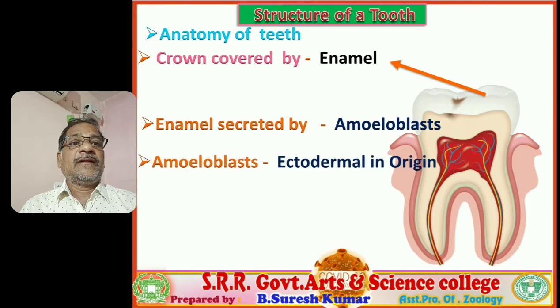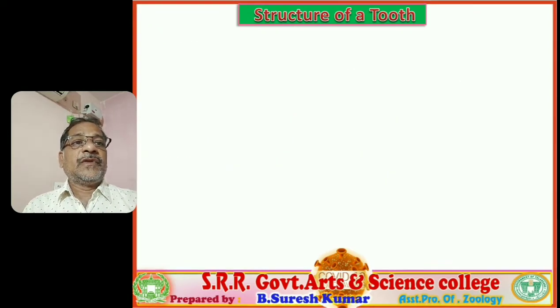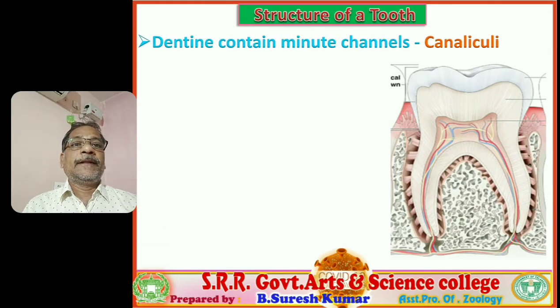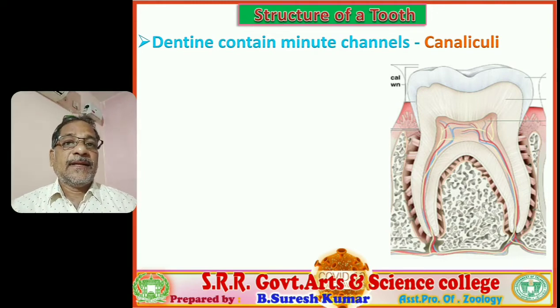Next, you observe the subsequent part of the teeth, which is dentin. Already I discussed that the bulk of the teeth is constructed with dentin. So the dentin contains minute canals.